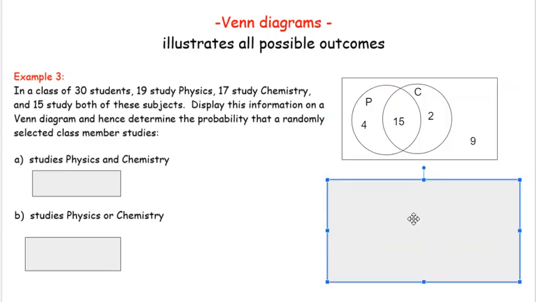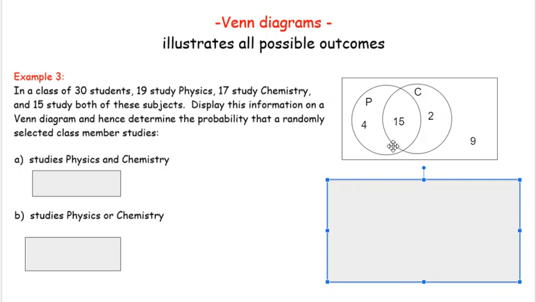Okay, so here we go. We said there are 15 that study both physics and chemistry. And altogether, there are 19 that study physics, but we already have 15 of them right here, so there are only 4 in the just physics part, so that's your 19. 17 study chemistry, we already have 15 in the overlap, so only 2.